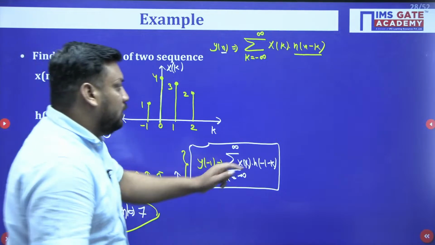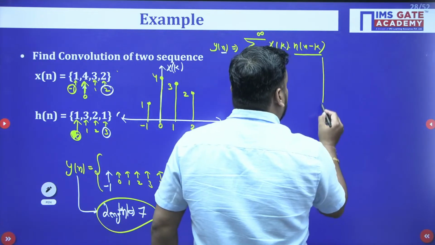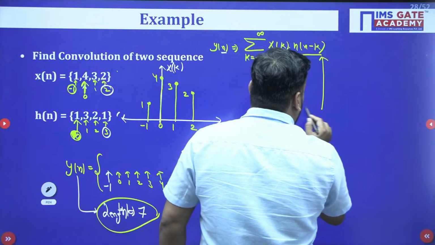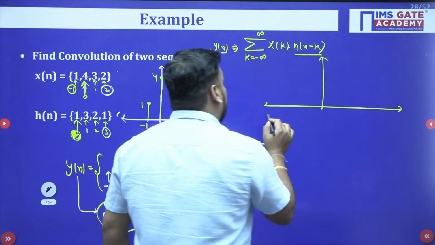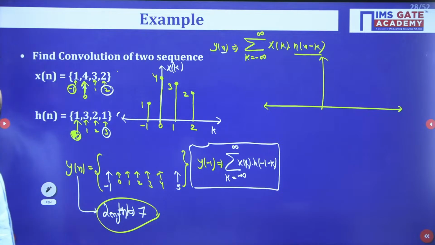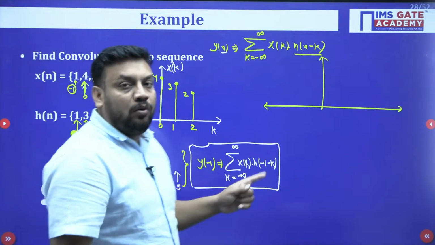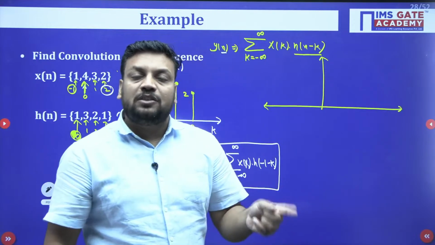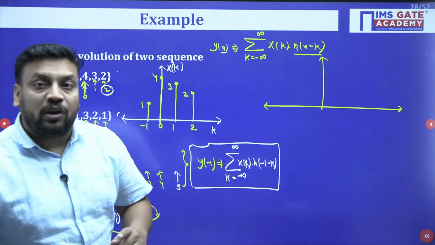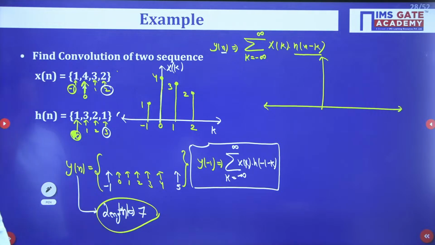If I want to make the curve of h[minus 1 minus k], what will I get? How many of you directly know how to perform reversal as well as shifting together? I told you many times, initially also.